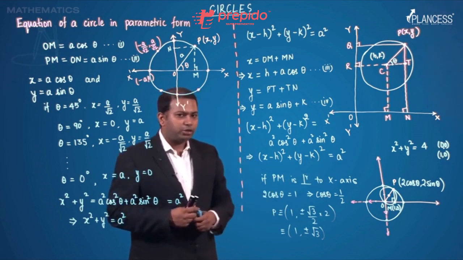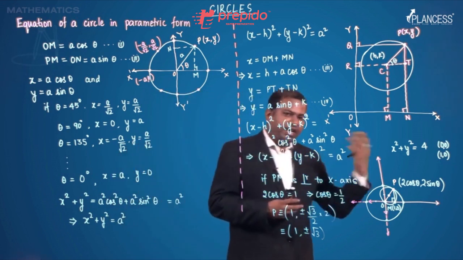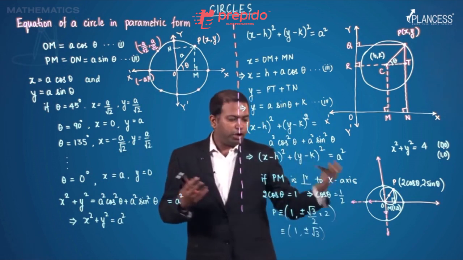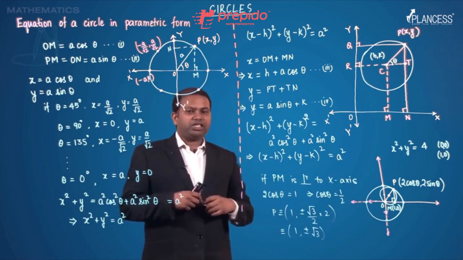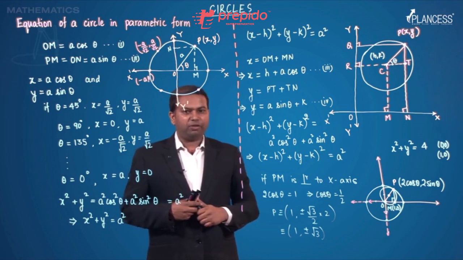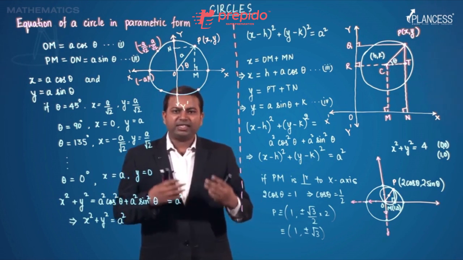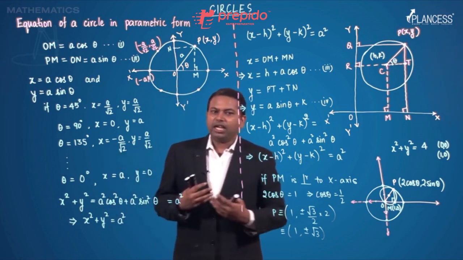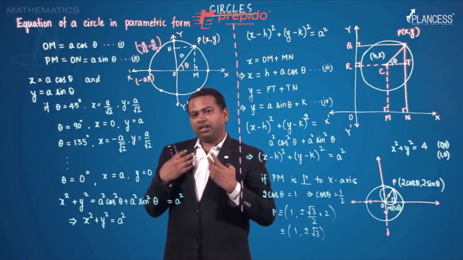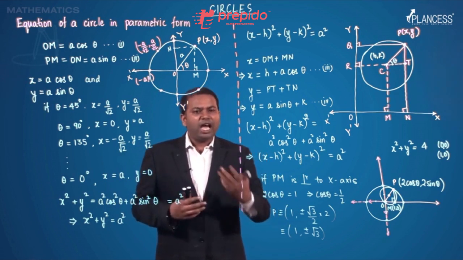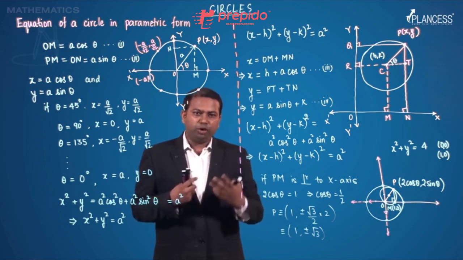You can also solve this question by other methods, but it might take more steps than what we have done here. So this is all for parametric form. Let us move ahead and study circles in detail and understand the thrill and the interesting part of circles and what all things we are going to explore next.